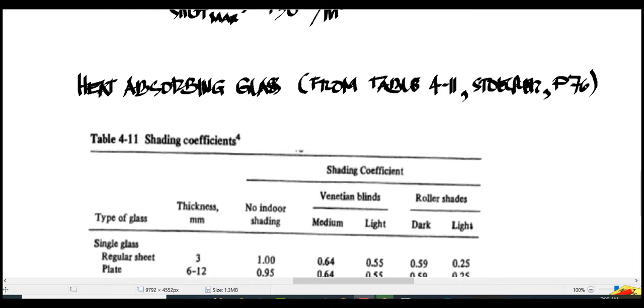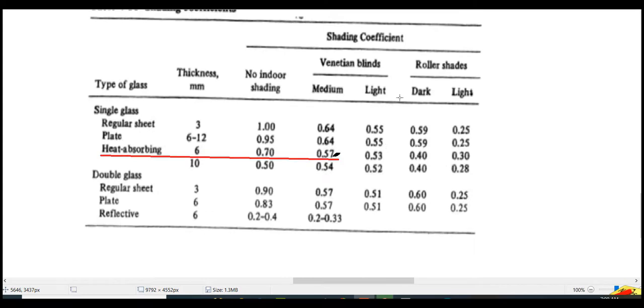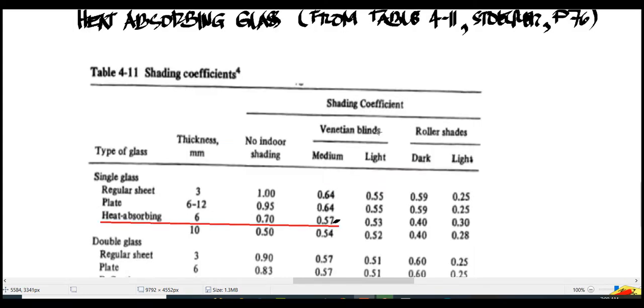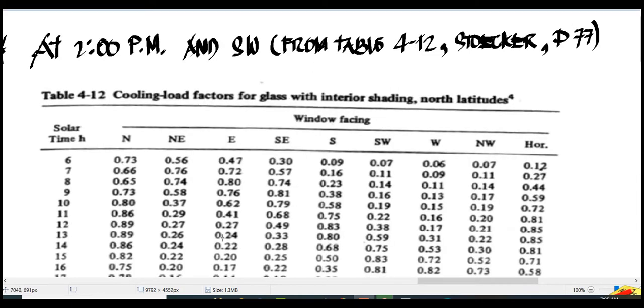Now for the heat absorbing glass, we have from Table 4-11 of Stoker, page 76, heat absorbing with Venetian blinds, medium light. So the shading coefficient value is equal to 0.57. Now for 2 o'clock p.m. southwest, we look at the table of Stoker, page 77.